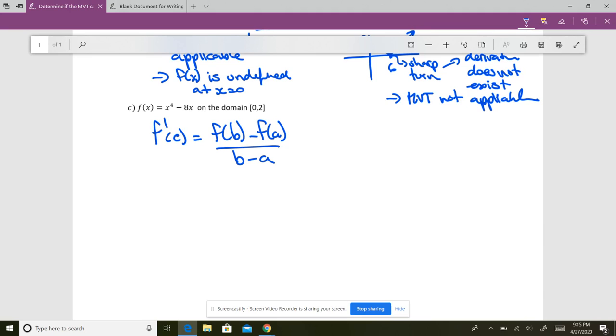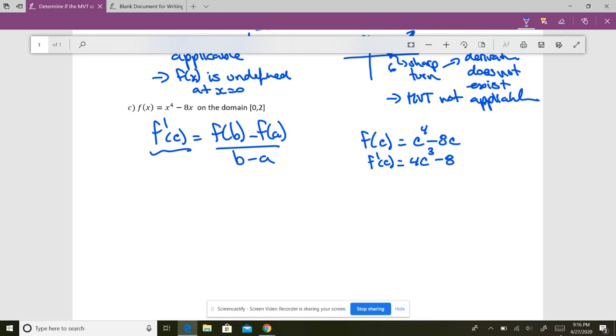Okay, so let's find, well, first of all, we can say f of c is going to be c to the 4 minus 8 times c. So f prime of c would be 4c cubed minus 8. So that's going to go in right here.